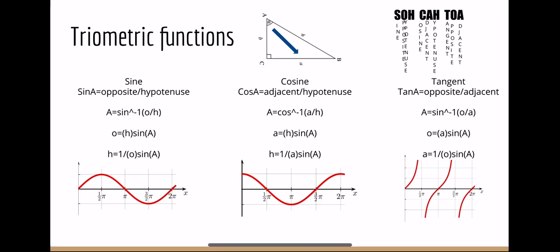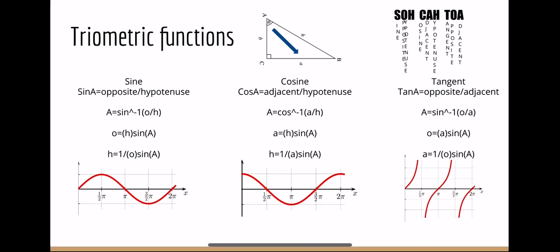To find the opposite side using the sine function, you would use opposite is equal to hypotenuse times sine of angle A. To find the hypotenuse, you would use hypotenuse is equal to opposite over sine of angle A.